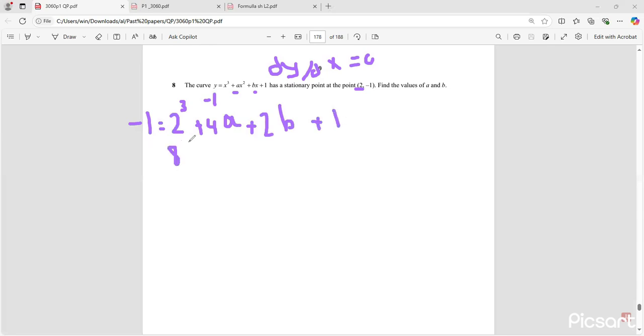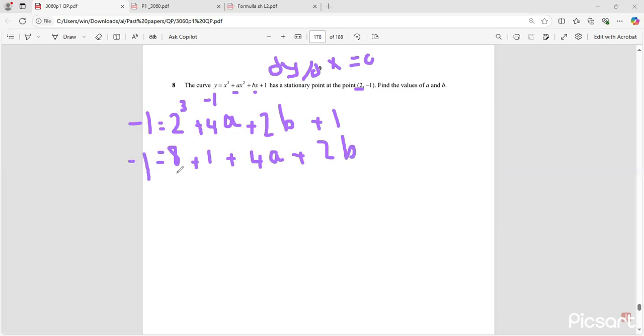So here it's 8 and 1, which is 9, plus 4a plus 2b, all that equal to negative 1, the y.